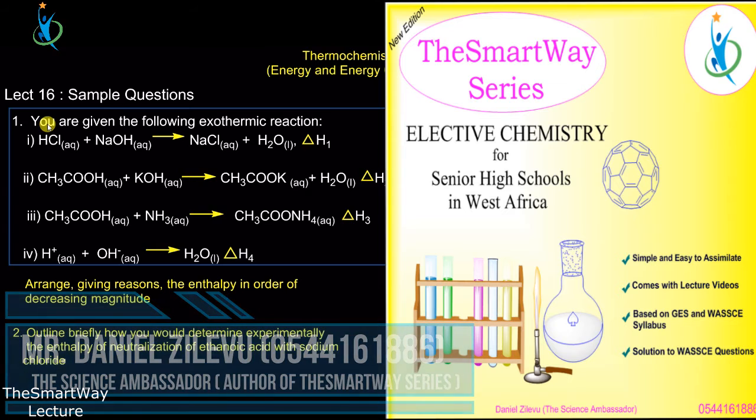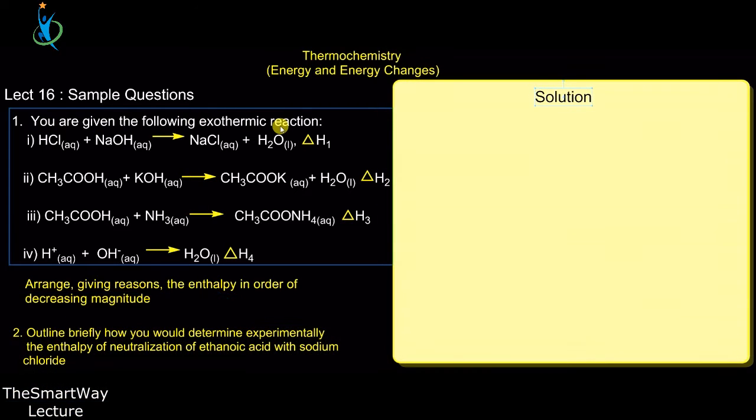It says that you are given the following exothermic reactions. The first one is HCl, hydrochloric acid, plus sodium hydroxide, giving us sodium chloride and water, that is the liquid water.